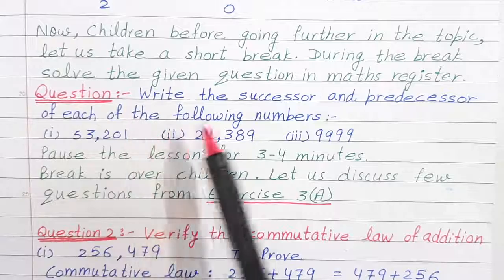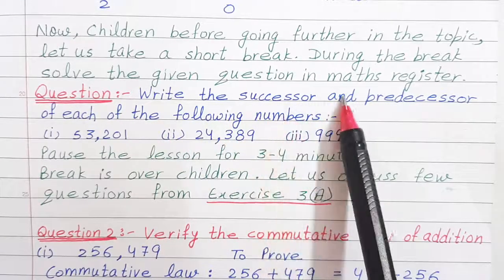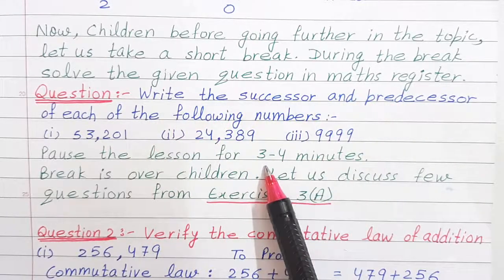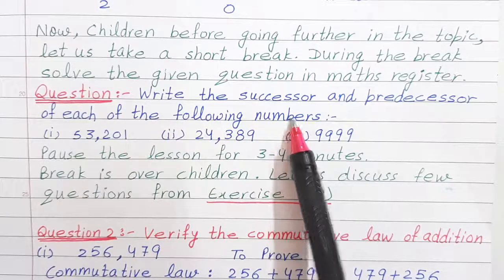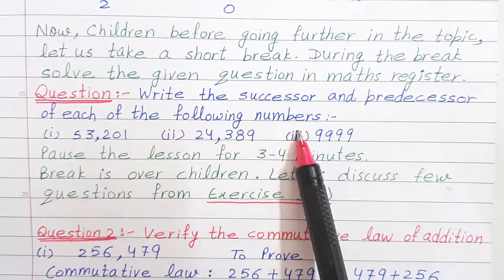Now children, before going further in the topic, let us take a short break. During the break, solve the given question in maths register. So here the question is, write the successor and predecessor of each of the following numbers.